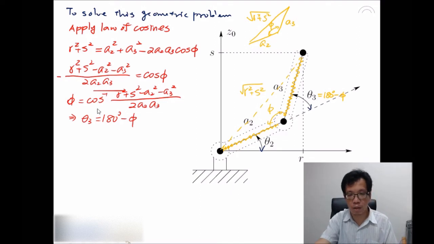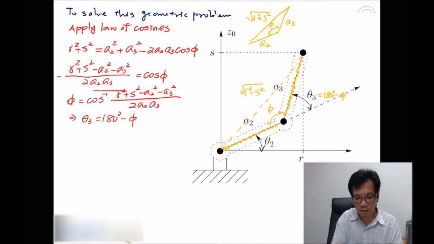So after this one is solved, we're going to solve for theta 2. But theta 2 cannot be solved intuitively. So we're going to use another method to come up with the answer. This time, we still try to figure out the relationship within this triangle. But this time, there are a few things we need to know.